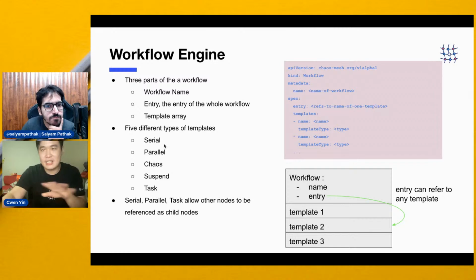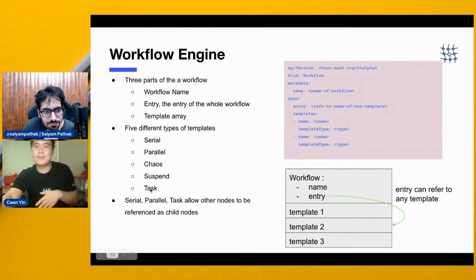Serial and parallel templates define the rules to run the real tasks, and the chaos templates are used to define the specific chaos action, which will be translated to different chaos types, such as pod chaos, network chaos, and so on. Task templates are used to define some custom tasks, such as status checks, and if you just want to run a shell script, you also can use this task template.